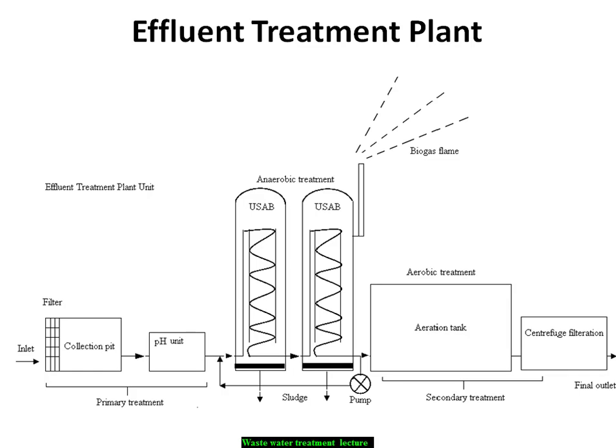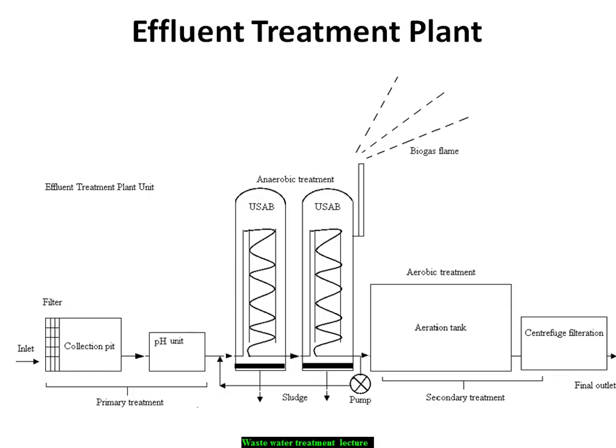After this treatment, these anaerobic bacteria produce some methane gas. This one is the biogas, and after the treatment they also produce a sludge, which is indicated here in black color. This sludge has good organic material, and it is also used as organic fertilizer.